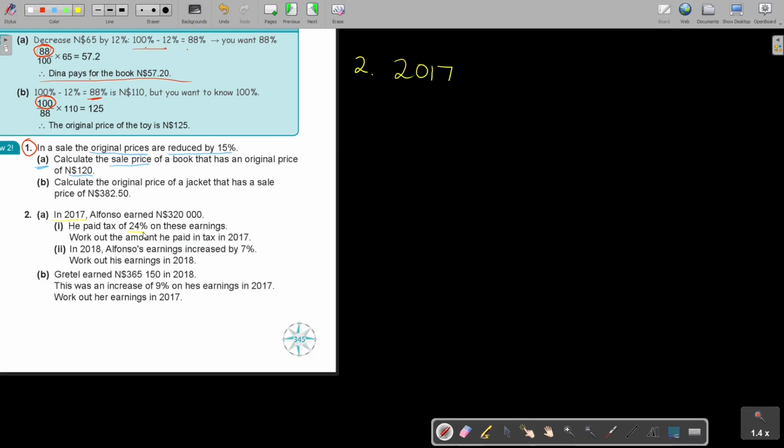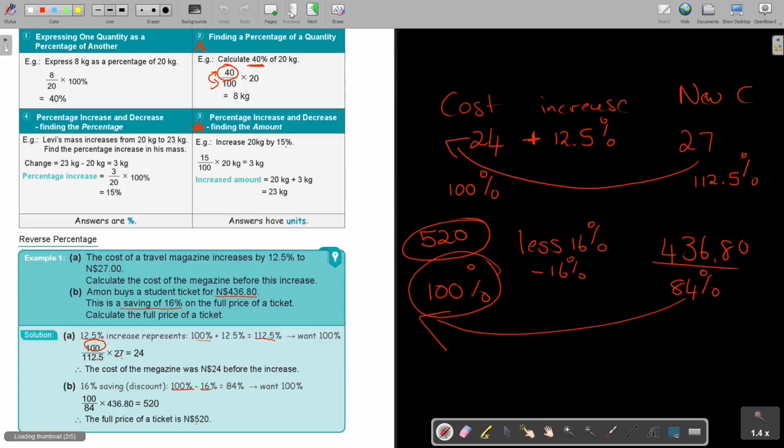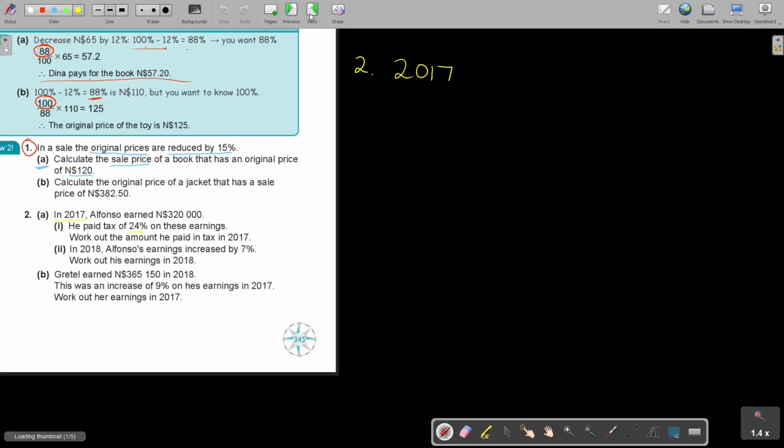So this is again straightforward. Can I take you back to the previous page? It's almost just going to be this one. We are just going to work out how much tax he's going to pay. So this is now A, and this is the first one. He's going to pay 24%, and I work out what is 24% of 320,000, that's per year.